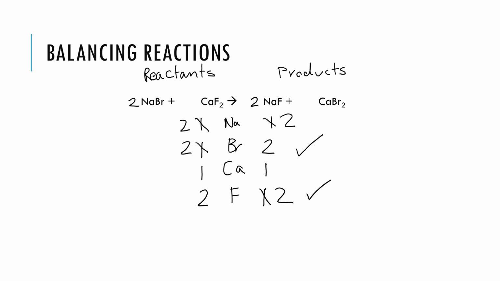Our fluorines are balanced, and in doing that, we also balanced our sodiums without trying, and our calciums were always balanced and never became unbalanced. In this case, our balanced reaction is 2 sodium bromide plus calcium fluoride goes to 2 sodium fluoride plus calcium bromide.